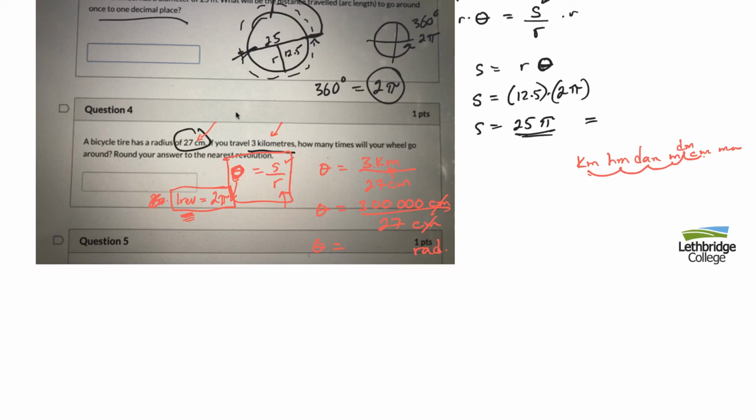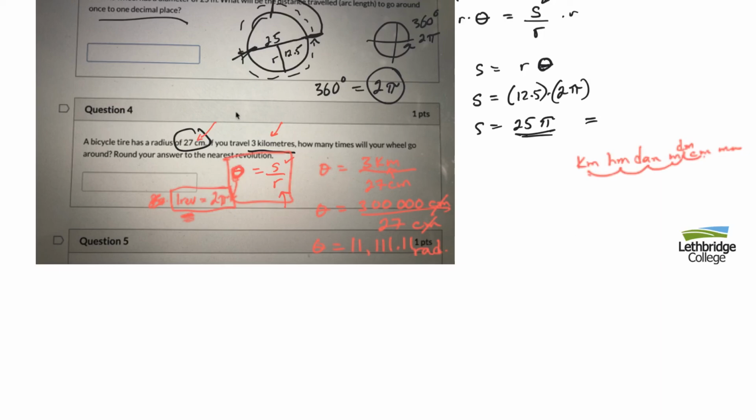Okay, so let me do that quick. Okay, I'm back. So that turns out to be 11,111 point, a bunch of ones, radians. So that tells me not how many times it went around, but how many radians there would be.